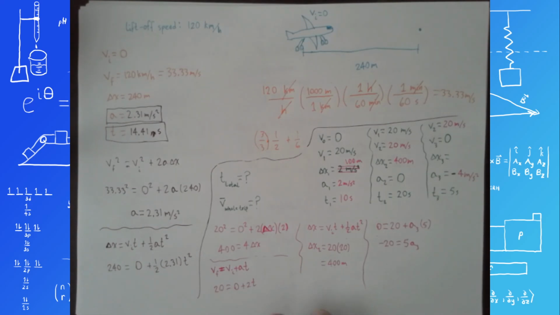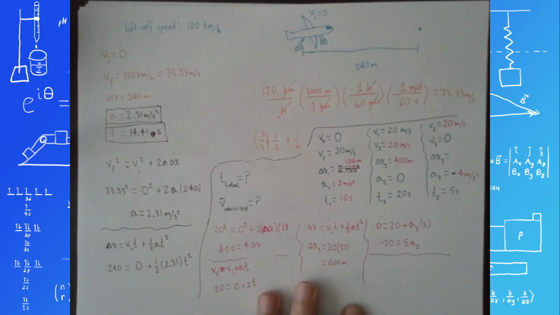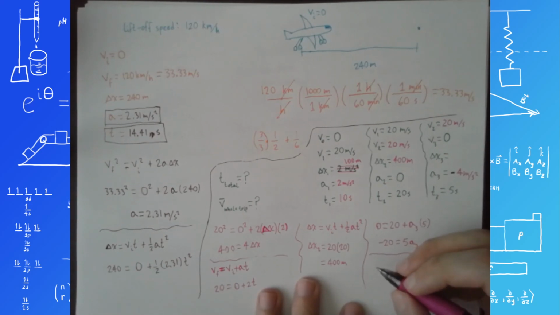Okay, and now we can finally solve for delta x3. Delta x3 using, I guess, let's use the second equation. We could use the second or the third, but I feel like we've used the third quite a lot, so let's use the second for a change.